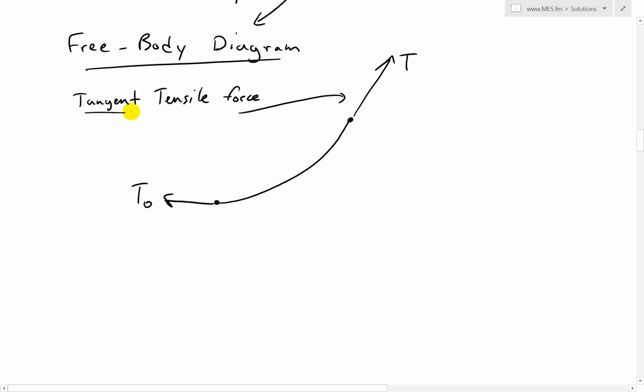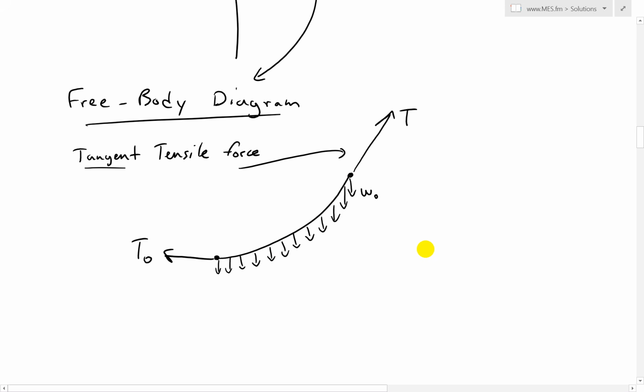It's tangent like that, and now this has a weight across here. So I'll draw a distributed weight all the way across, with loads pushing it down from every single piece of this chain, and this has an intensity, or linear density, W naught.